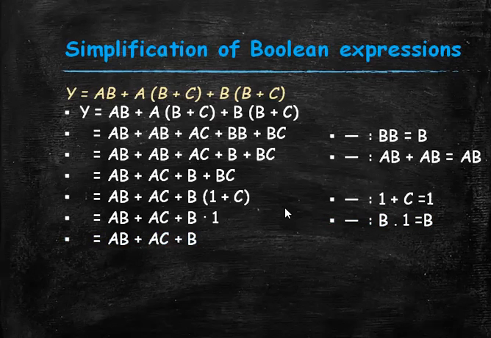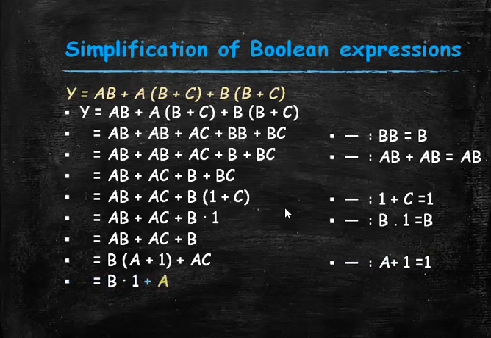Then AB + AC + B. Taking B as common from the first and last term, we write B(A + 1) + AC, and we know that A + 1 is equal to 1.